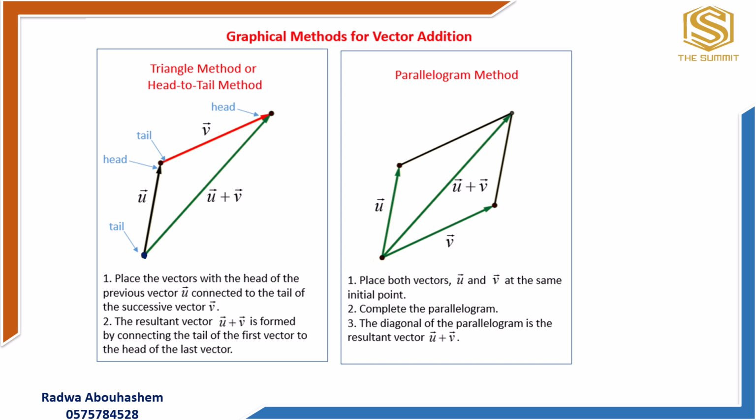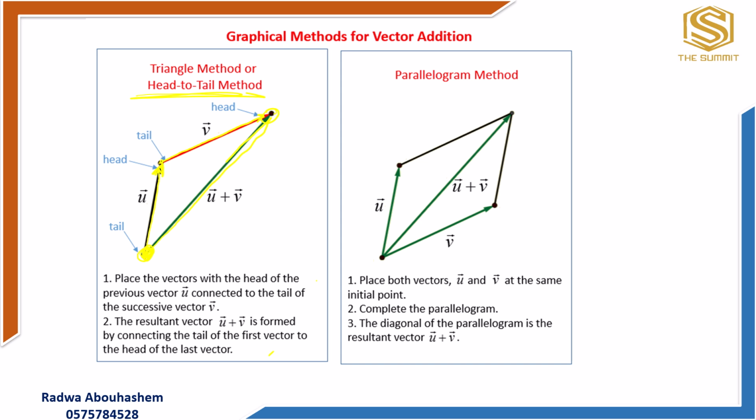This is the starting point, the tail, and this is the head. The head means the arrow. And here is the vector v from tail to head again. So the resultant vector should also be from tail to head. That's why we call it the head to tail method.